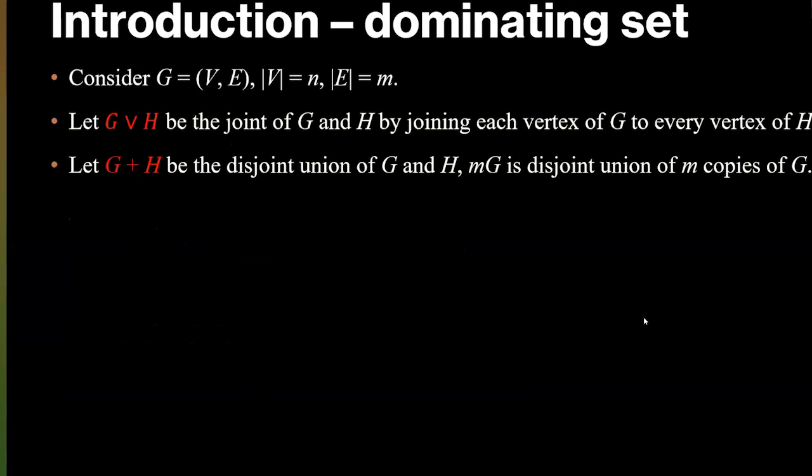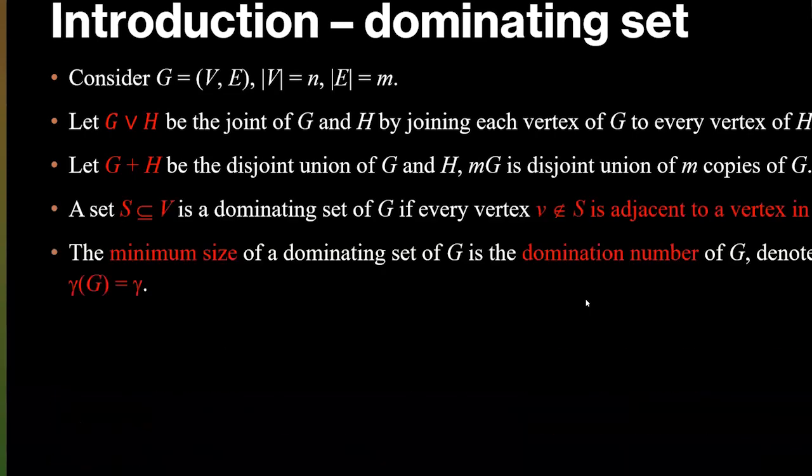As usual, I'm going to let G be a graph of order n and size m, and G ∨ H will be the join of G and H, and G + H will be the disjoint union of G and H. So mG is the disjoint union of m copies of G. As we have seen, a subset S of a vertex set V is a dominating set of G if every vertex not in S is adjacent to at least one vertex in S. And the minimum size of a dominating set is the domination number of G, usually denoted by gamma.